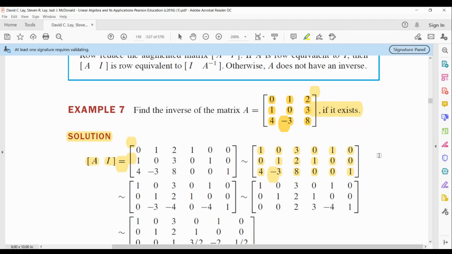What do they do in the first step here? What did they do to get that matrix that I've highlighted in yellow? They switch rows 1 and 2. They do it for the matrix A and the identity.